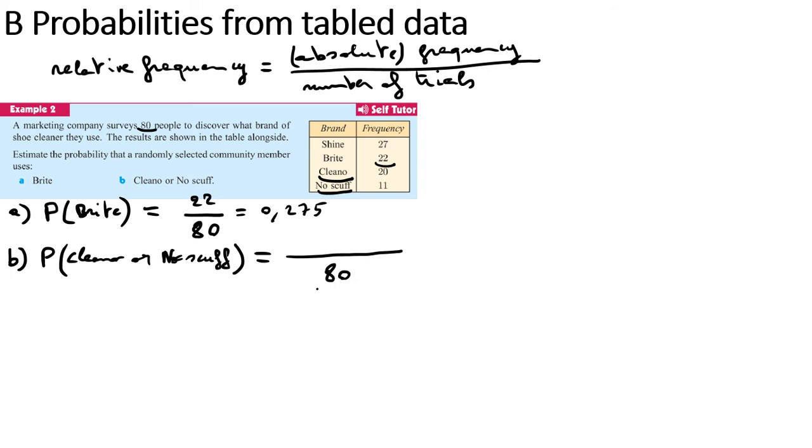And the absolute frequency is the absolute frequency of the brand Clino and the brand No Scuff. So the sum of those two, 20 plus 11, is equal to 31. And 31 over 80 is equal to 0.388.